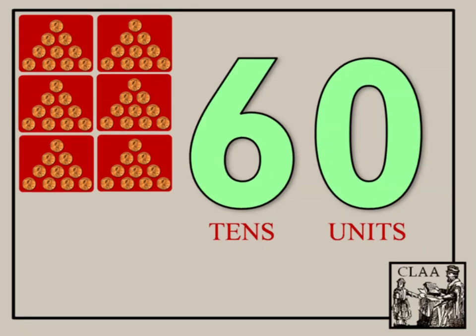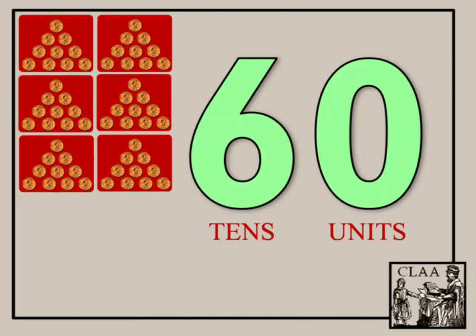How many pennies do you see on this screen? They're set into sets of 10, so we can count how many sets of 10. 1, 2, 3, 4, 5, 6. There are 6 sets of 10 pennies. This is 60.